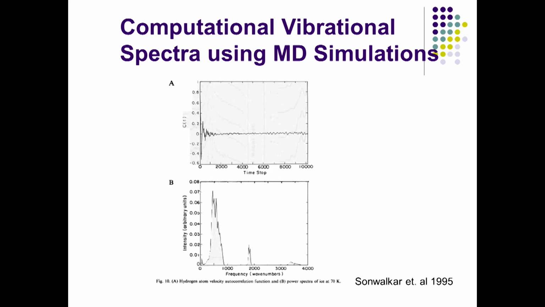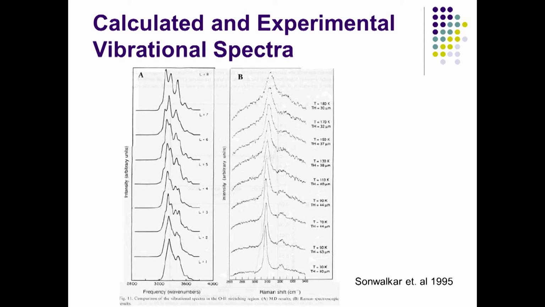So, then we created, again using velocity autocorrelation for the simulation system, theoretical vibrational spectra. So, the first thing that we did is that we compared the computational and experimental vibrational spectra. One is computationally created on the left hand side, and the right hand side is all the experimental data which I conducted.